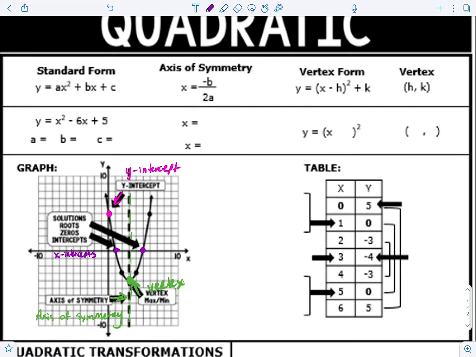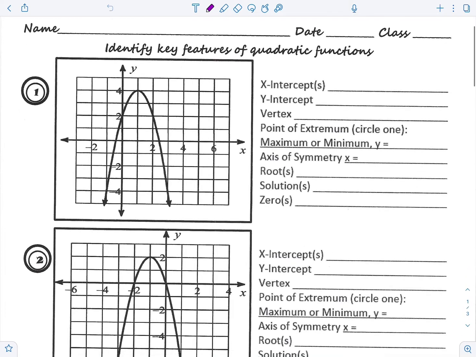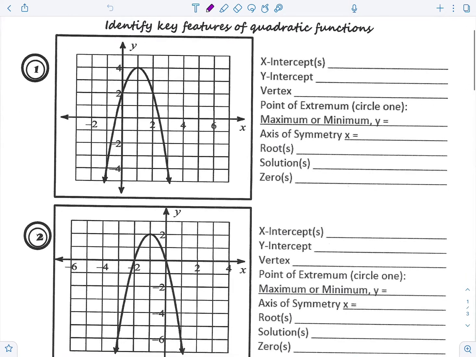Okay? That might have been a whole lot of information, but we're going to look at some examples. Here we go. When we look right here, it says identify key features of quadratic functions. Notice how here we have a U shape, but it's pointing downward.